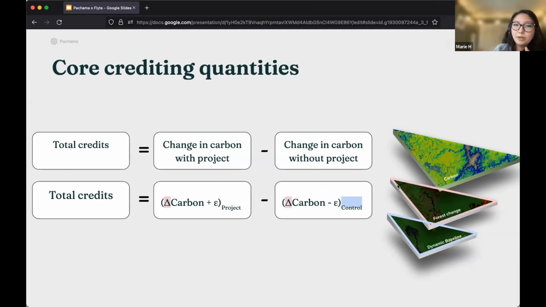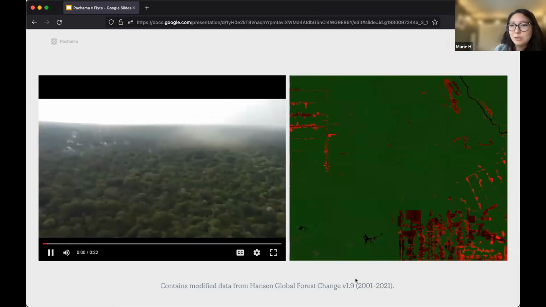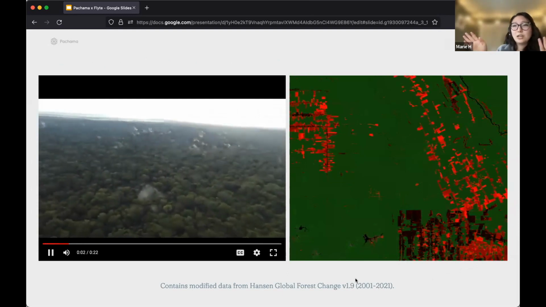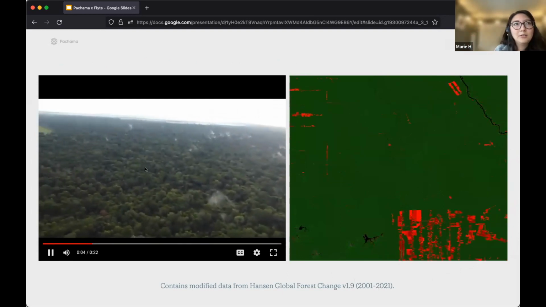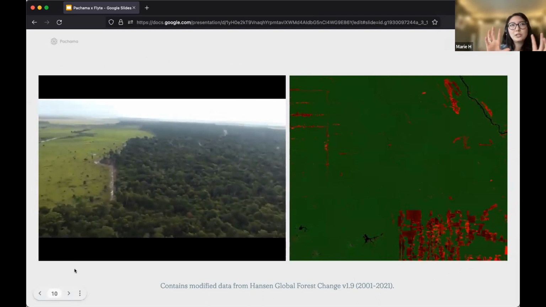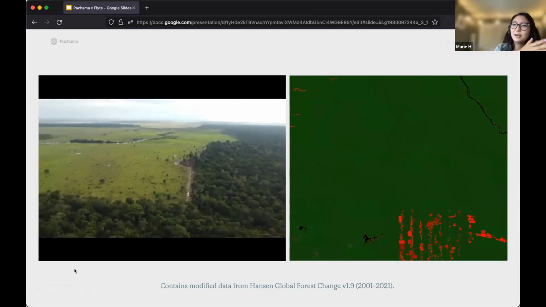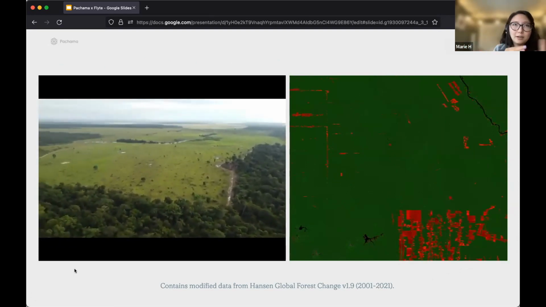The next input is the change in carbon, and for this, we want to look at forest cover gain and loss. Primarily for deforestation, we'll look at forest cover loss and assume that carbon goes to zero if the area gets deforested. And we can see this with satellite imagery, including changes over time. On the left is a quick video of a real project that shows the project area versus the surrounding areas that are getting deforested for cattle and soy in this case.